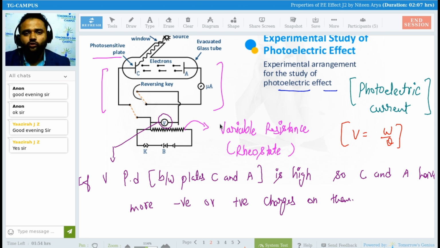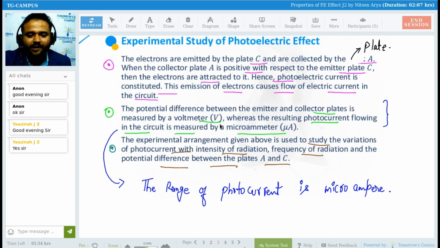So it states that there is going to be more flow. Basically the flow is going to increase. But the main point is that the flow of photoelectrons is going to be high, and if the flow of photoelectrons is high, it is quite normal that the electric current is going to be a little bit high.